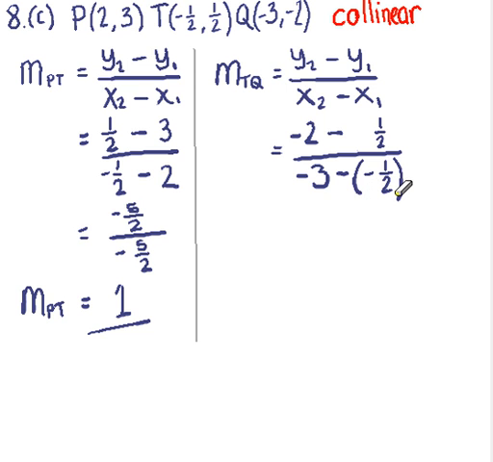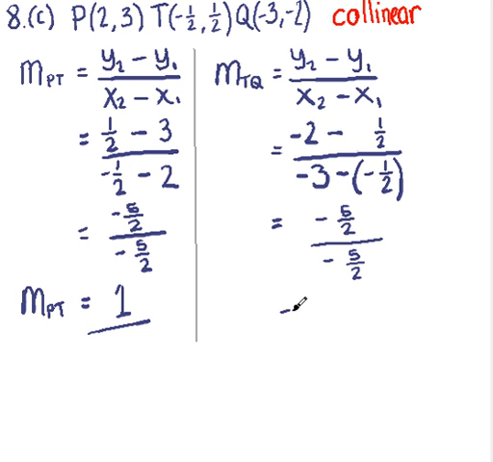The denominator is correct, minus 3, which was x2, take away minus a half. So minus 2 minus a half gives us minus 5 over 2 on the top line, and minus 3 minus a half is minus 3 plus a half, which again is minus 5 over 2.